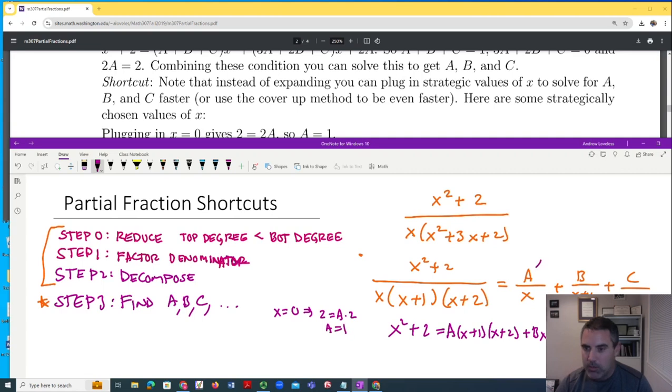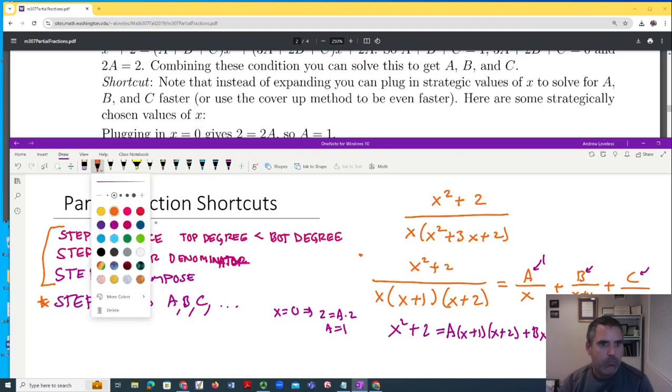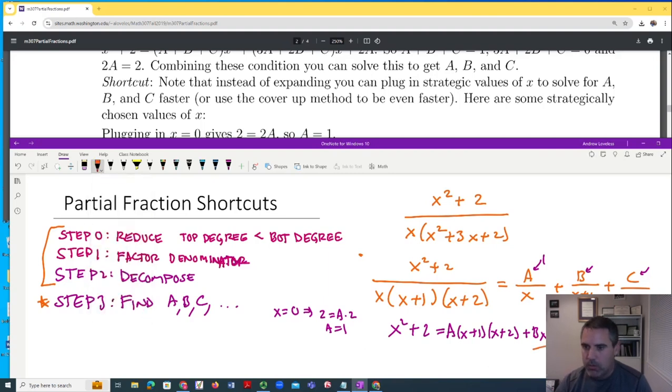Then you can do a similar thing for B. Plug in negative 1, which makes the other terms 0, and you can find B, and you can find C. You might even notice, when we plugged in 0 for A, that those other terms just go away.